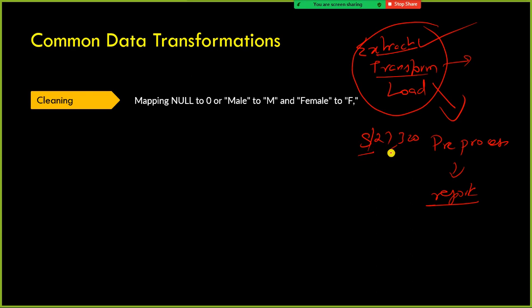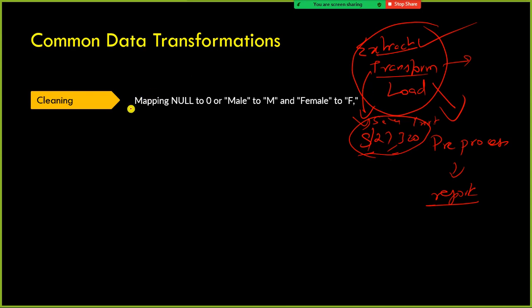Just because a dollar sign and comma were there, Power BI got confused and assigned this sales column a text data type. Since it's text data, we cannot do any arithmetic operation. So we need to do some transformation to convert this into a numeric value. That is one example of transform.